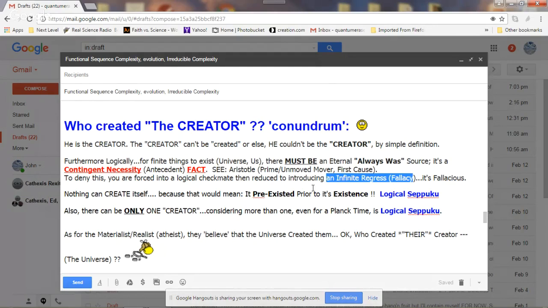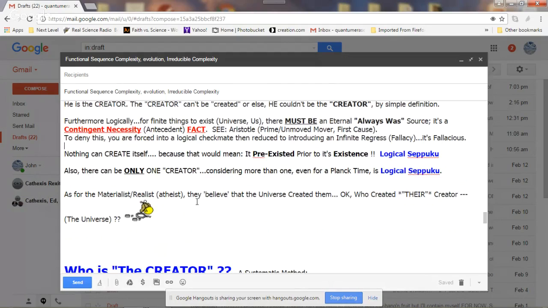Infinite regress fallacy. It's fallacious. Nothing can create itself, because that would mean it pre-existed prior to its existence. That's logical seppuku. Also, there can only be one creator. Considering more than one, even for a Planck time, is again logical seppuku.